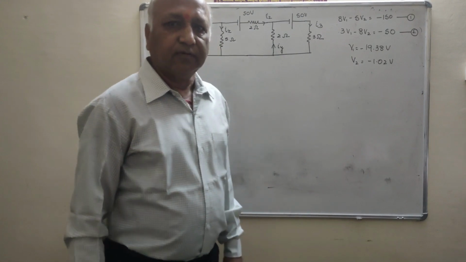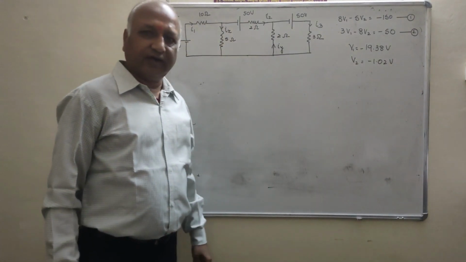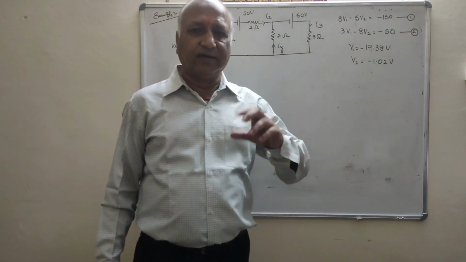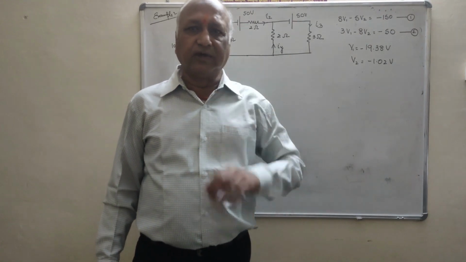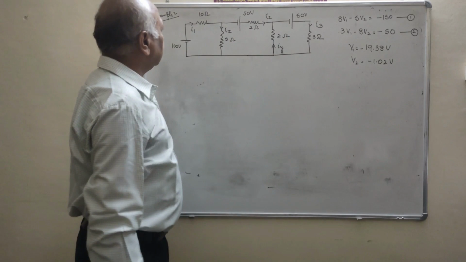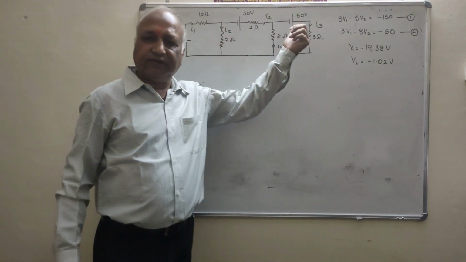Now we will solve another example using voltage sources. Clear? In the last numerical, we solved the network having 2 current sources. Here in this, we are considering 3 voltage sources: 100 volt, 50 volt and 50 volt.